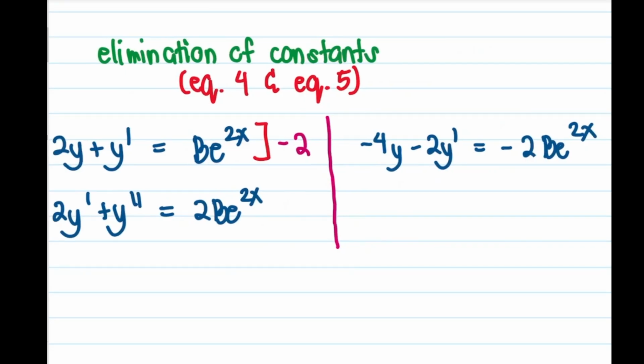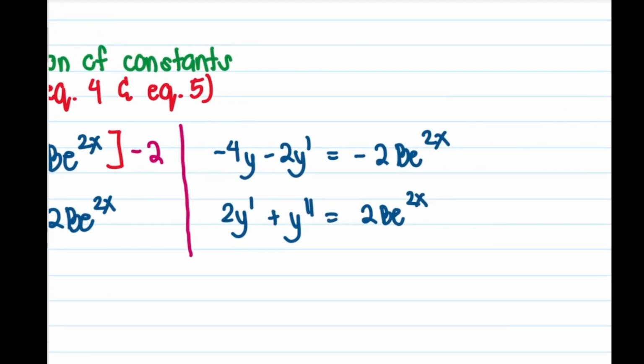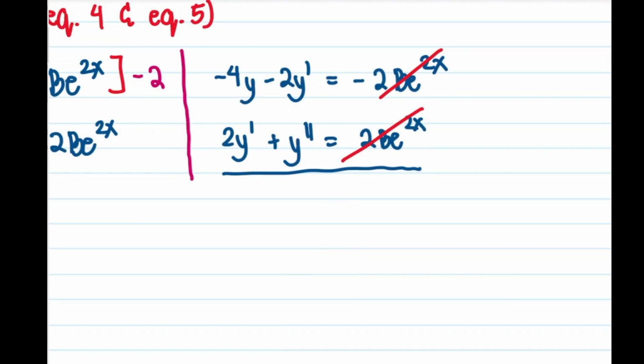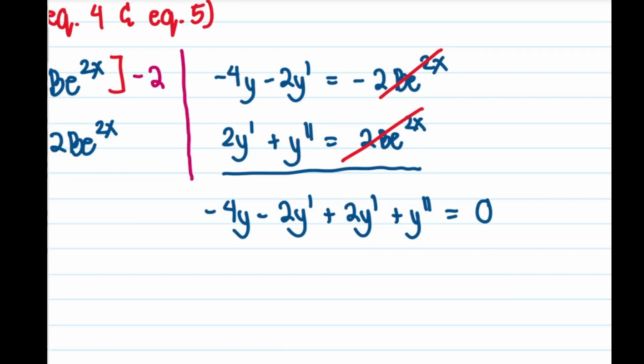Then let's copy the other equation, negative 2y prime plus y double prime is equivalent to 2b e raised to 2x. So simplifying this, this one will be cancelled out, equivalent to 0. So let's add all of the remaining equations.